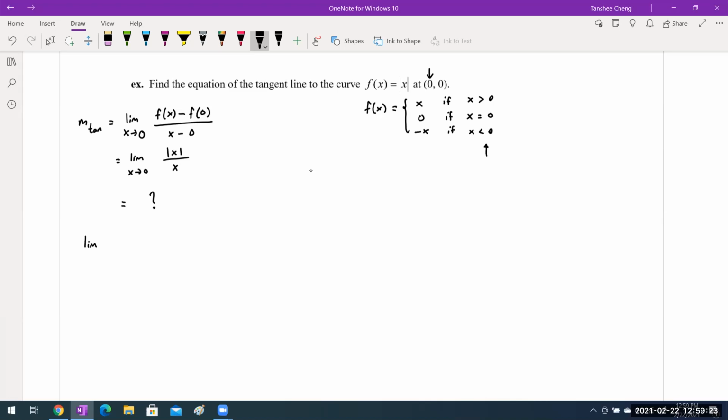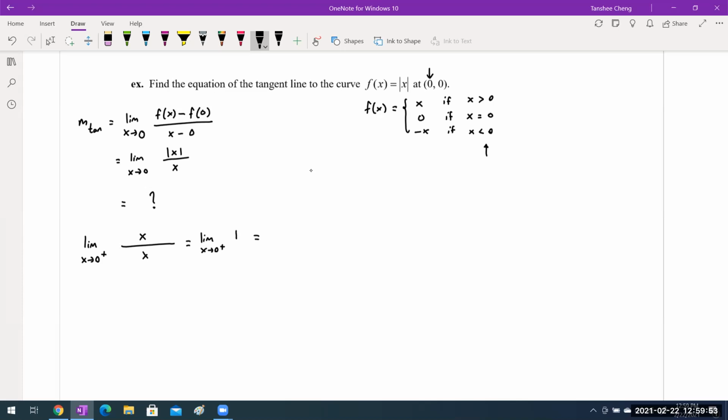So if I say the limit as x approaches 0 from the right-hand side of the function, which is on this top part, we are talking about x over x, which gives us the limit as x approaches 0 from the right-hand side of 1.